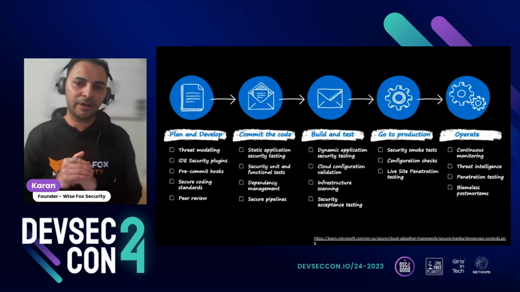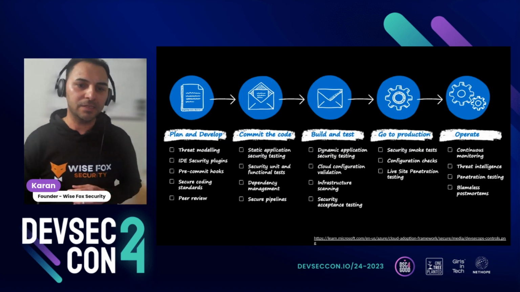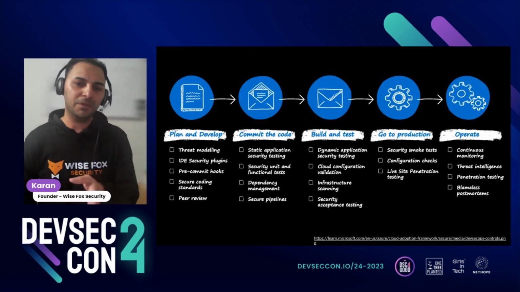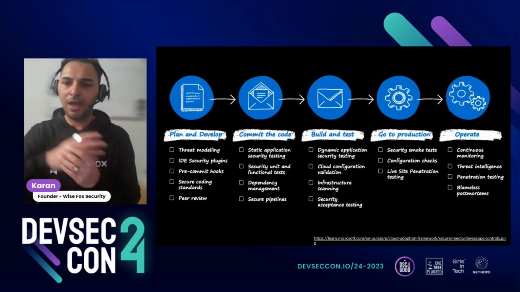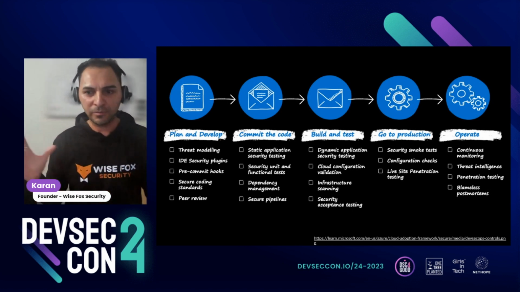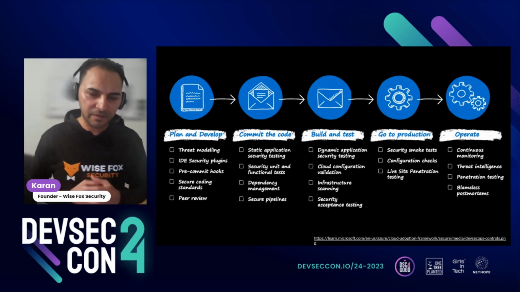In this diagram, as I was talking about, you have different stages. You can see we've got plan and develop, we commit the code, we build the code, we test the code, and then if all is fine, we deploy to production, and then our operate stage kicks in.